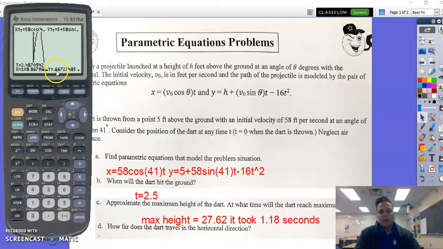and I'm at the 0.6. So remember, 0.667 was the closest point we got to y being on the ground. So we're going to take that same x value, and it's about 108.87.